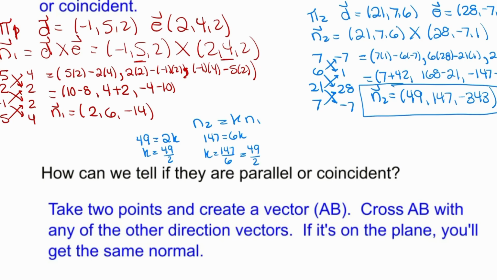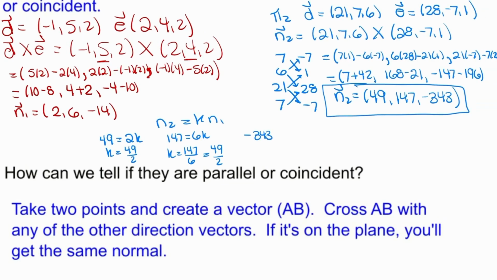And for the final one, we would have -343, that's this value here, equal to -14k. So k will be -343 over -14, and that also reduces to 49 over 2.